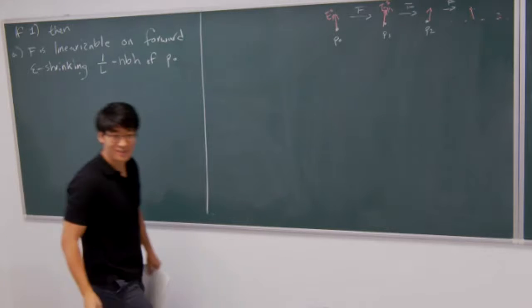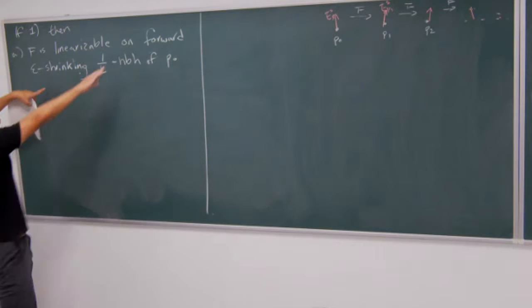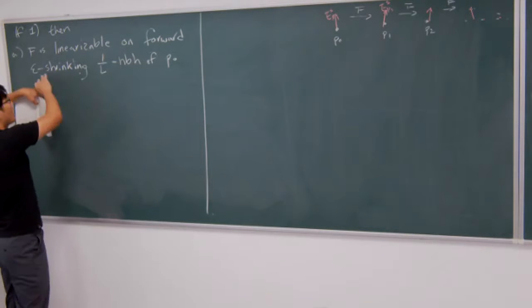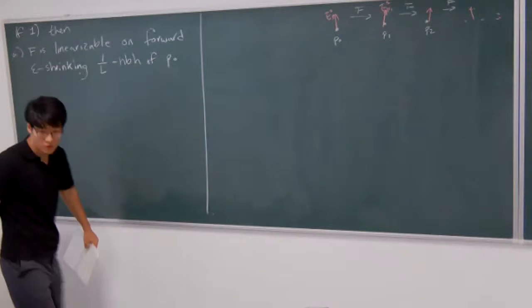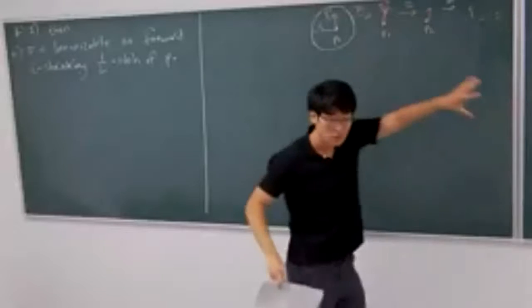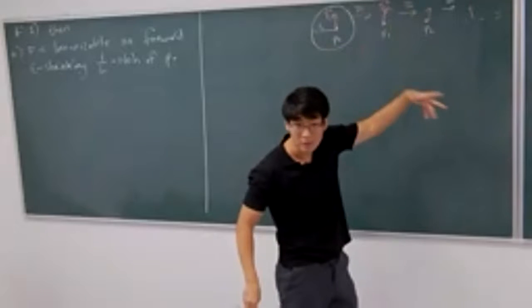It is in coordinates, that's right, but just going forward. So what I mean by forward epsilon shrinking is: take 1 over L around P naught, and then as you go forward, you draw smaller and smaller balls. Each time you go forward, you shrink the size of this ball by lambda to the epsilon.